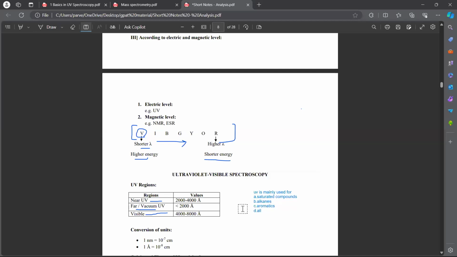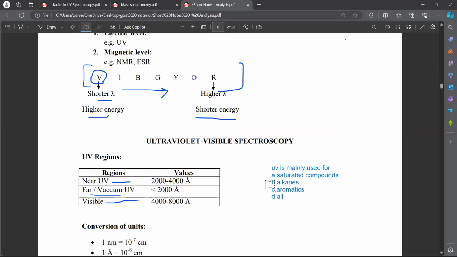Answer to this question, guys. UV is mainly used for the analysis of which type of compounds? Saturated, alkanes, aromatics, and all.